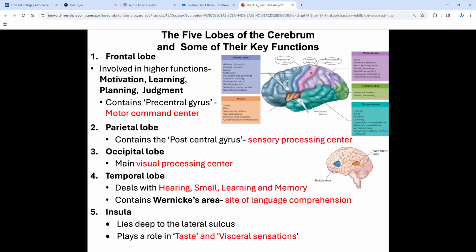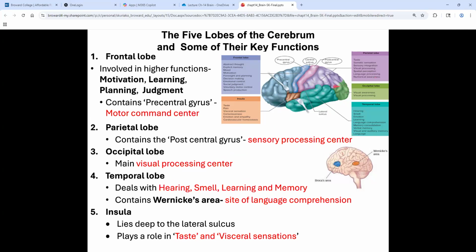So 2 important areas you should know. Precentral gyrus, post-central gyrus. One is in the frontal lobe, one is in the parietal lobe. So that's a sensory processing center. The other one is the motor command center, okay?